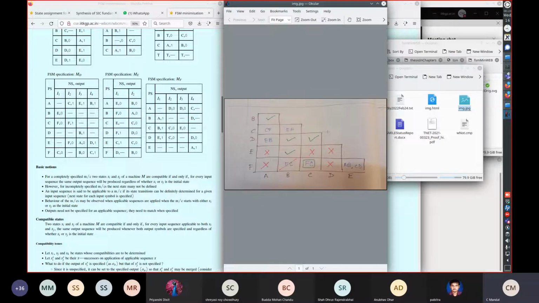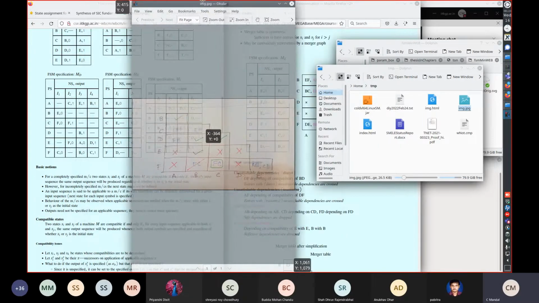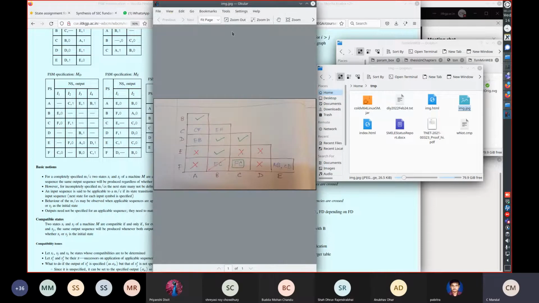So now, can you construct that compatibility graph? So the next thing, okay, I think everyone in the class can take this as a reference. He has crossed out EC here. So it depends on EC, and EC doesn't work out.